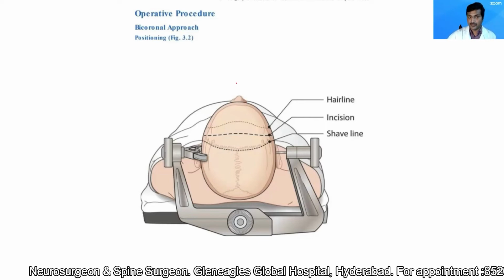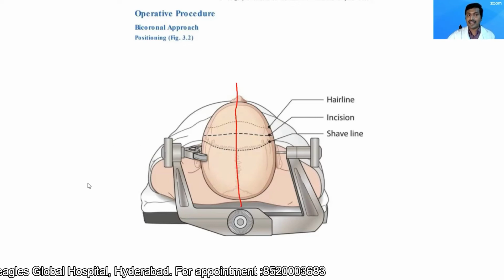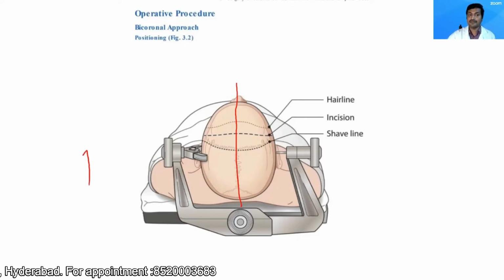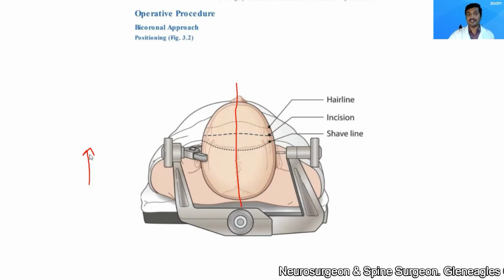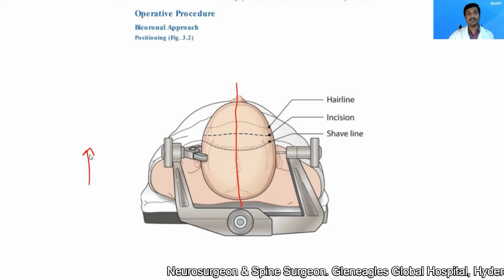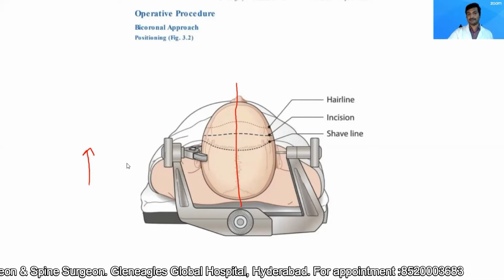I keep the head neutral in the midline. We slightly elevate the head so that it is above the heart level. This ensures adequate venous return, decreases the swelling of the brain, and also decreases the venous ooze in the brain.